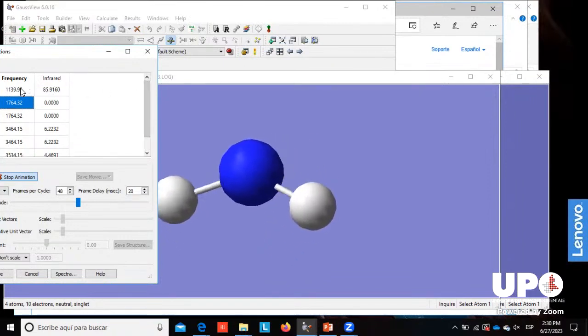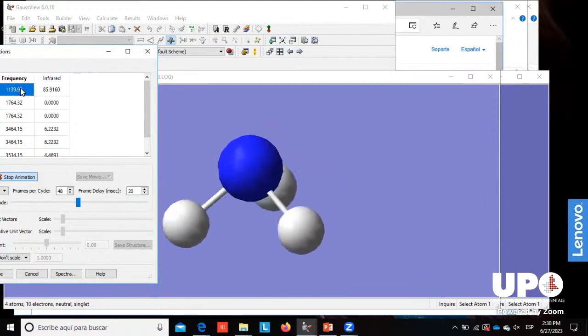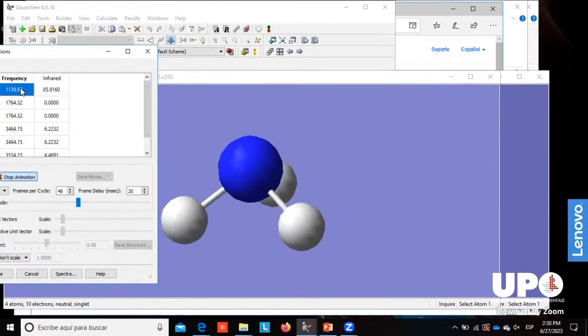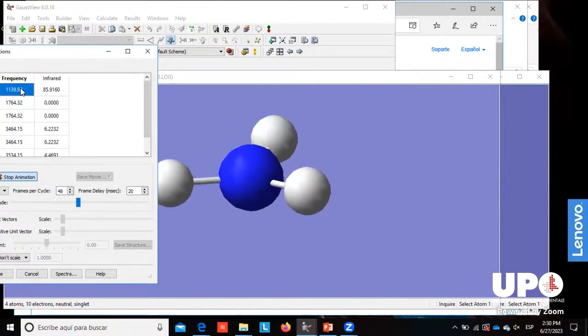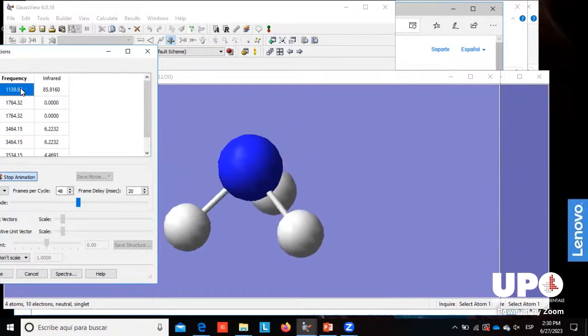Okay, and finally we have this final vibration, which corresponds to the inversion of the ammonia molecule, right? So the nitrogen is passing from one side of the plane defined by the three hydrogen atoms to the other one. Okay. Good.